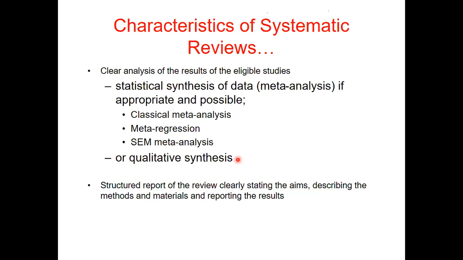And then, of course, you may publish those for other people who want to do a PhD or some other research. That's one bigger possibility. So normally we produce a structured report of the review, which clearly states the aims, describes the methods and materials, and reports the results that you have gleaned from your systematic literature review.